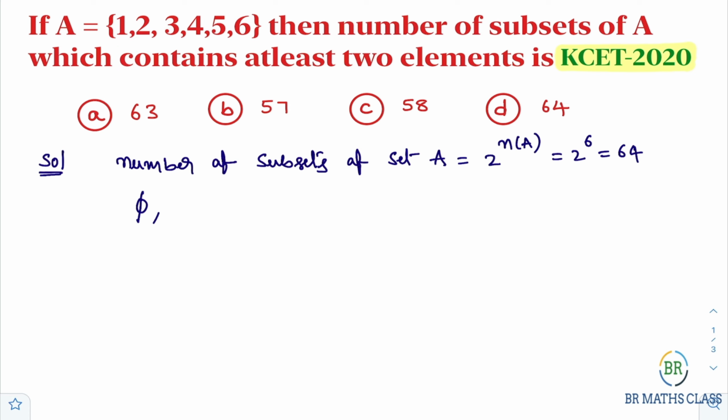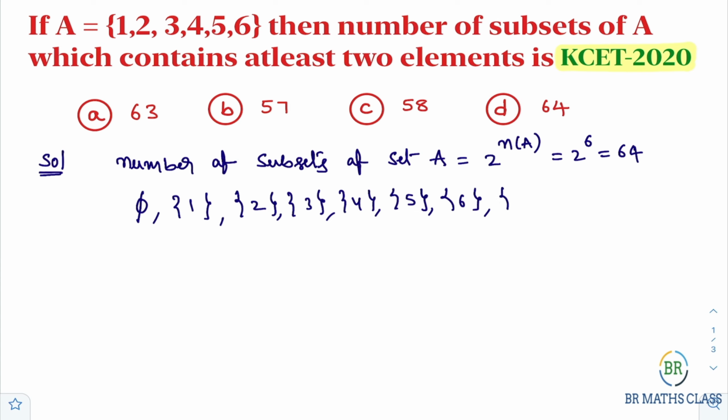Now, I'll write the singleton set {1}. This is a subset of set A, but this set does not contain at least 2 elements. It contains only 1 element. Like that, I'll write all the sets which do not contain at least 2 elements. So I'll get singleton sets {1}, {2}, {3}, {4}, {5}, {6}.